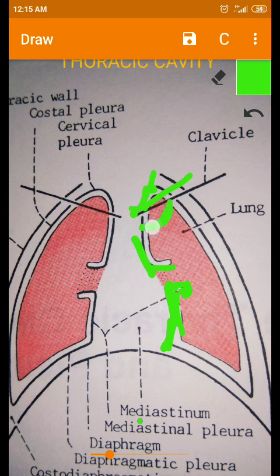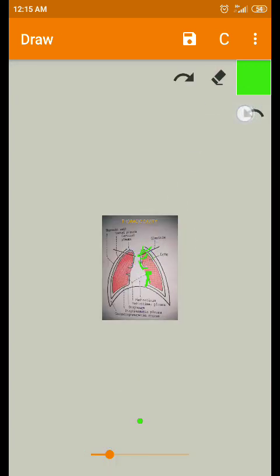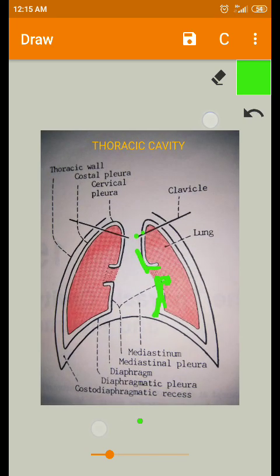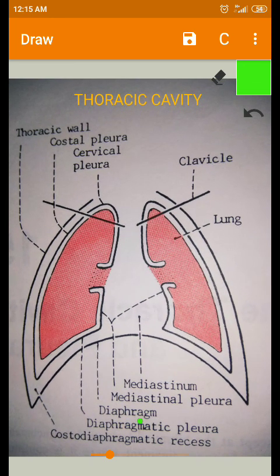Below this we have the first rib. So it is 2 inches above the first costal cartilage and 1 inch above the medial 1/3 of the clavicle, and covers the apex of the lung. And this apex is covered by the suprapleural membrane. I have already explained the suprapleural membrane. The suprapleural membrane is also called Sibson's fascia.